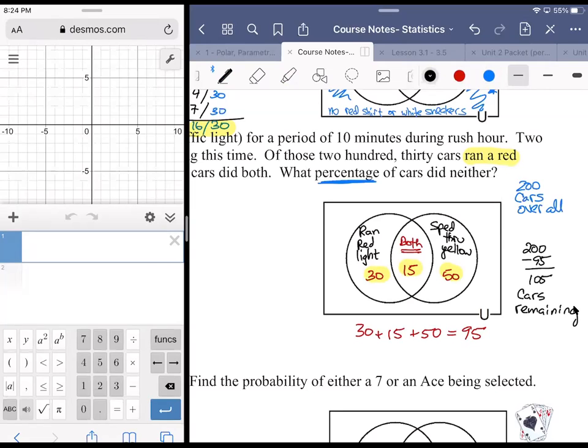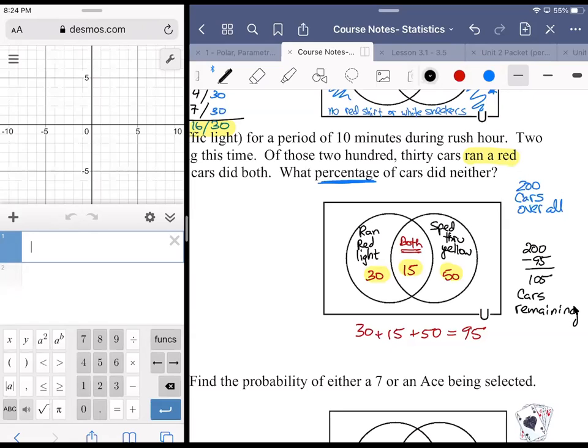All right, so the cars falling into the category of speeding, running red lights, and things like that are part of that group of 95, and the other 105 have to be everybody else who, maybe they were breaking other laws, but they weren't breaking these laws, right?